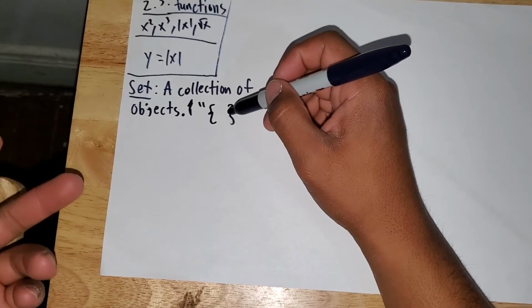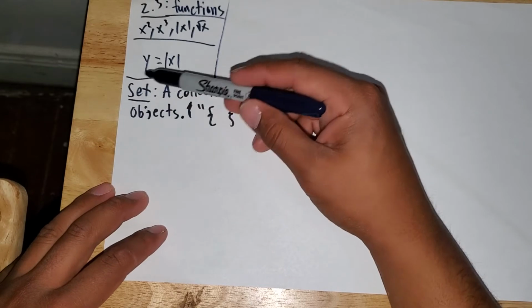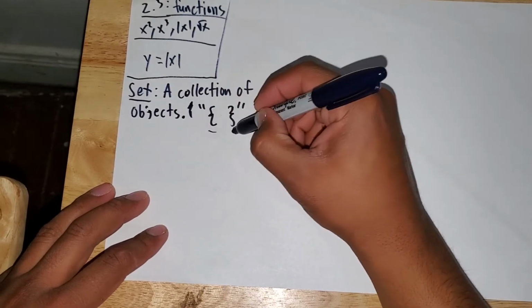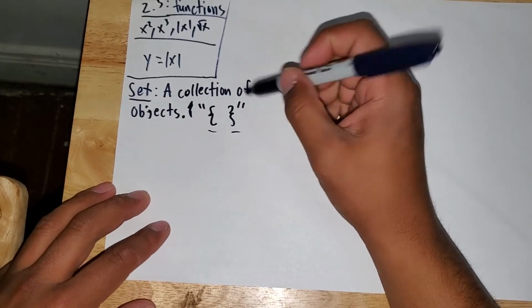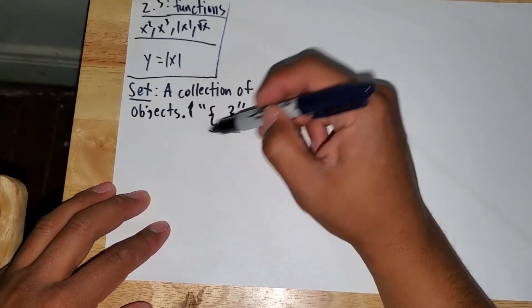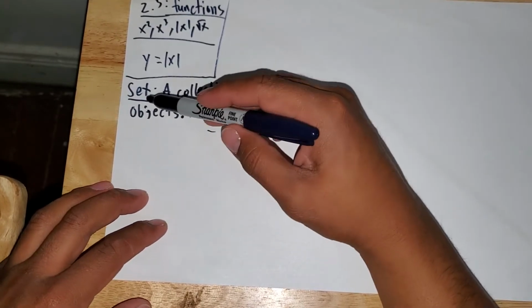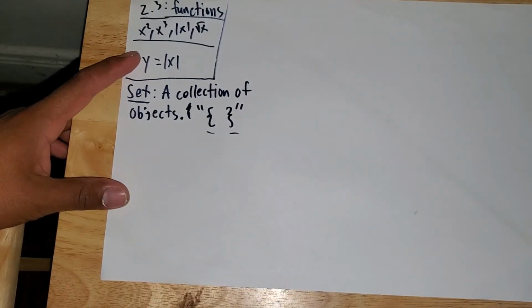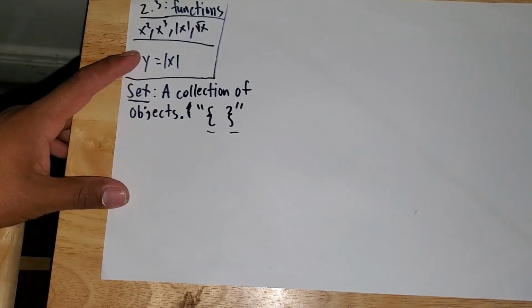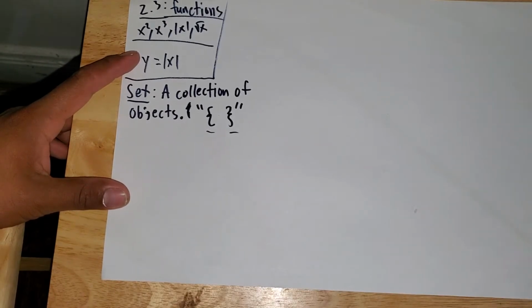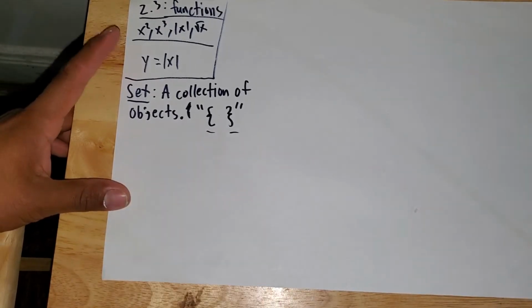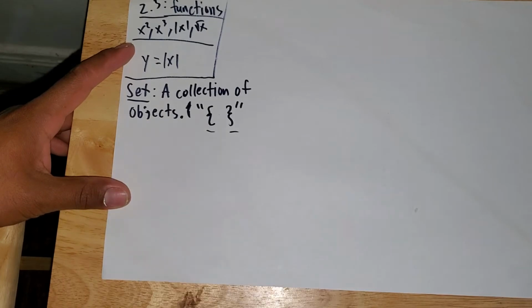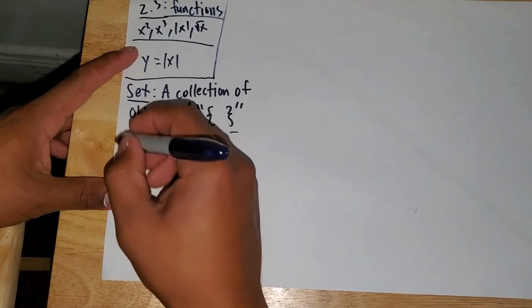When I said solution set, you're using set notation, and set notation uses these braces. When we did inequalities, we did interval notation, and there's also set notation. That's all a set is. It's just a collection of objects, and in this class, we're looking at numbers.